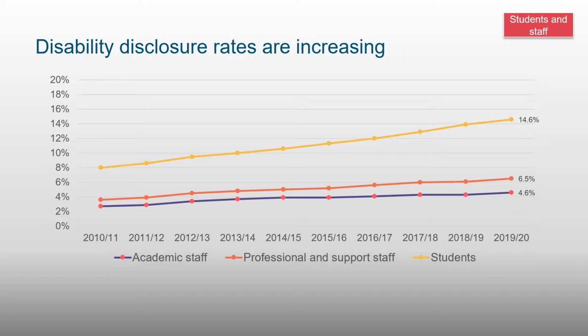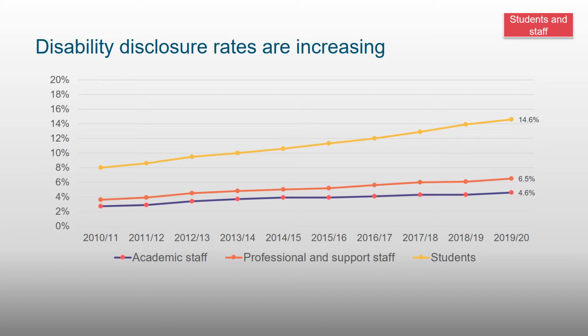For professional and support services staff, the percentage has risen from 3.6% to 6.5%, and for academic staff from 2.7% to 4.6%. As becomes clear, disability disclosure rates vary significantly between the different populations in UK higher education, with the amount of students disclosing as disabled being almost twice that of staff.